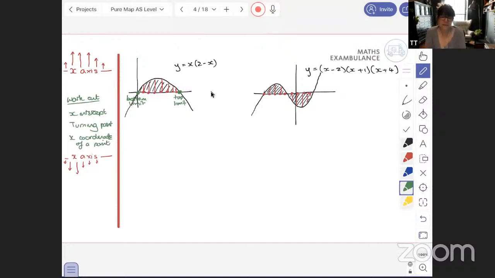So quite often there are these little jobs to do. Another little job might be simultaneous equations, or maybe factorizing, all sorts of stuff that we might have to do in order to get that bottom limit and that top limit. But the bottom limit and the top limit are always x values.